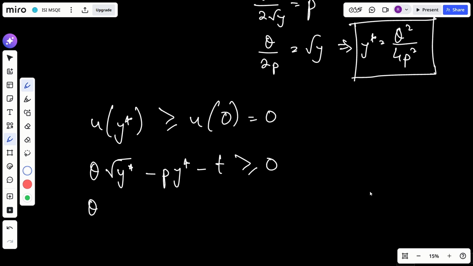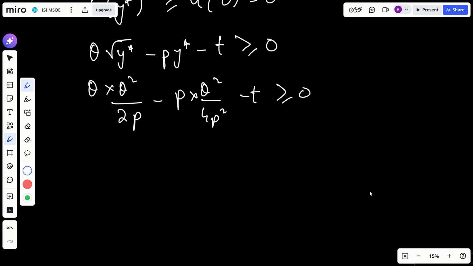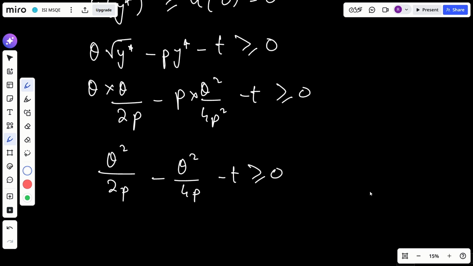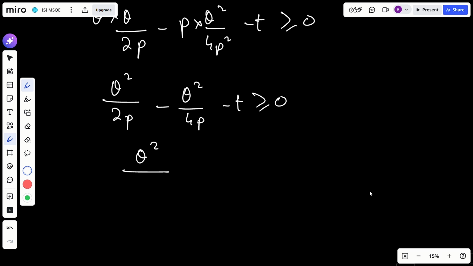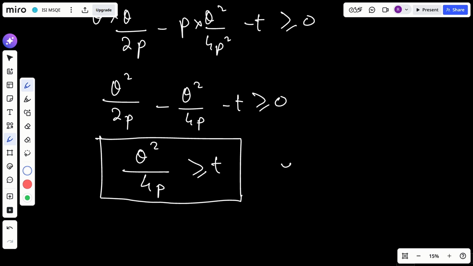I am directly substituting y star. So p times theta square by 4p square minus t is greater than or equal to 0. So we are having theta square by 2p minus theta square by 4p minus t is greater than or equal to 0. This becomes theta square by 4p is greater than or equal to t. So if this condition holds, then the consumer will buy y star.